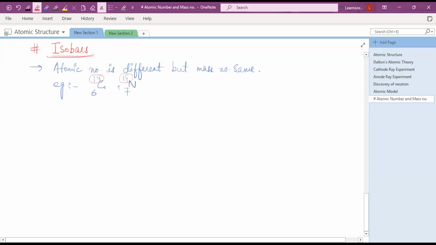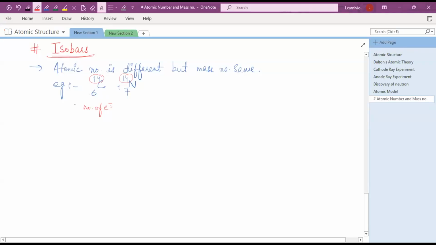So in the case of isobars, we can say that the number of protons and electrons is different. Clear? The number of electrons here is 6 in the case of carbon, but here the number of electrons is 7, right?